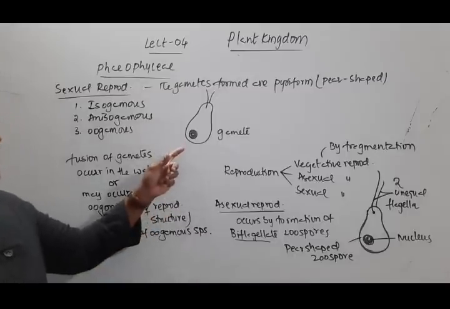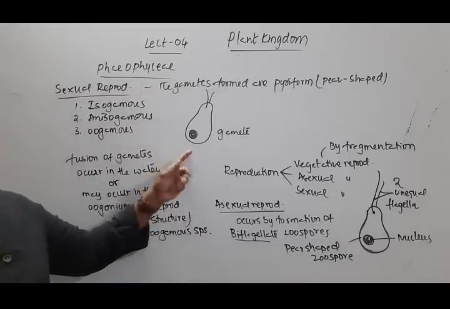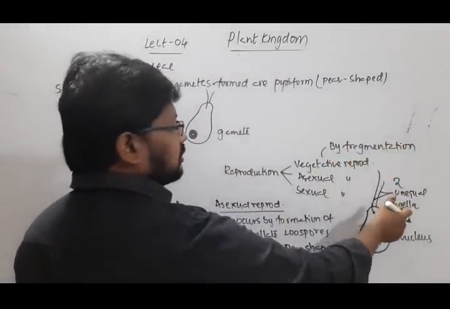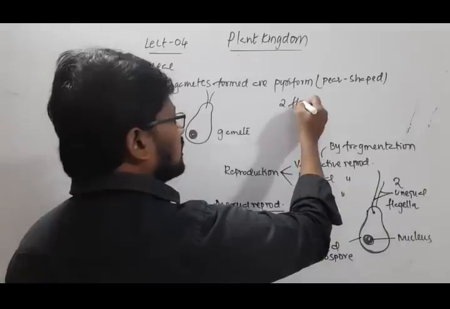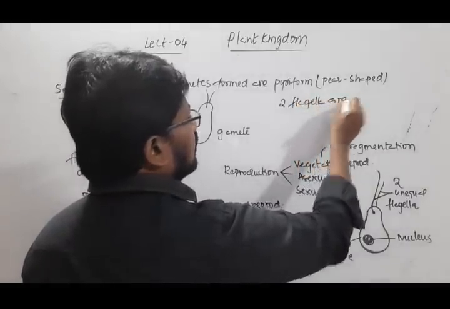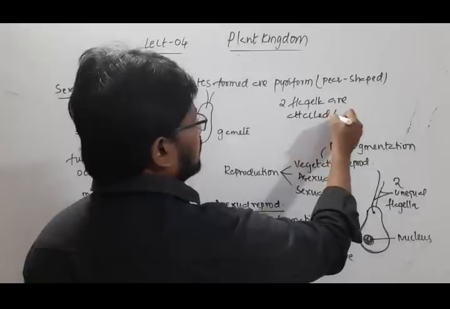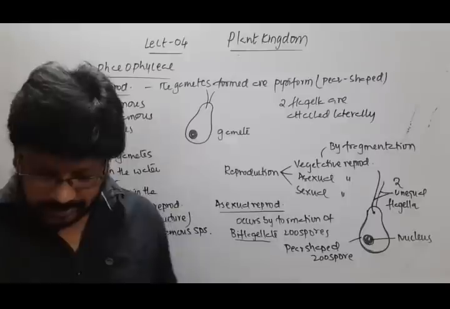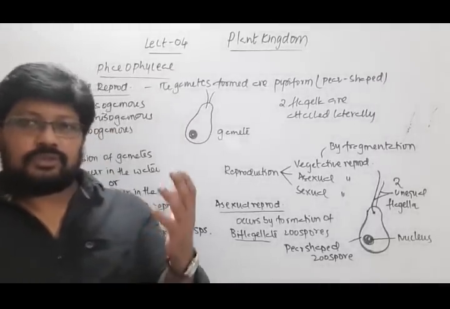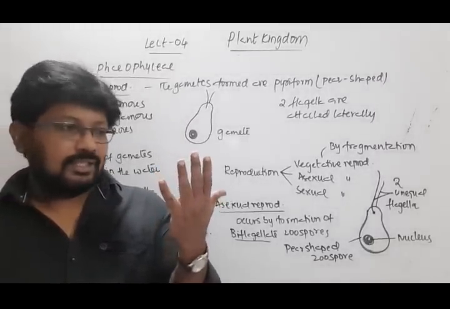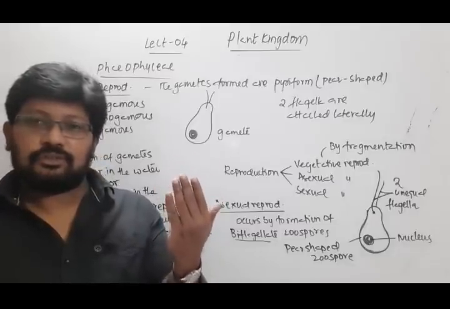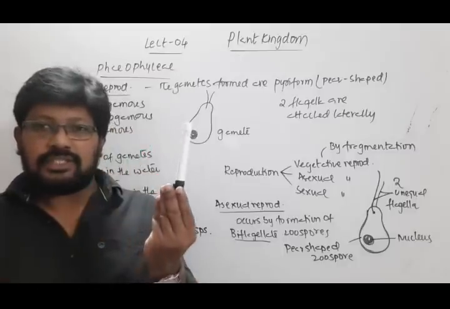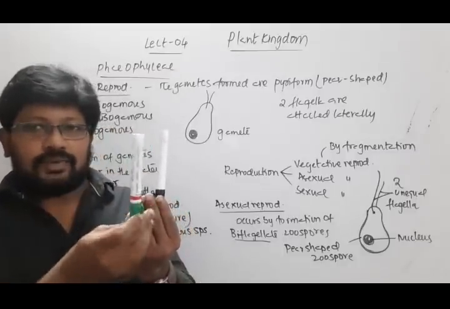Here I said there are two unequal flagella, and these two unequal flagella are attached laterally. What we mean by attached laterally: suppose this is the zoospore or the gamete, and you will see a flagellum attached on this side, and another flagellum attached here.